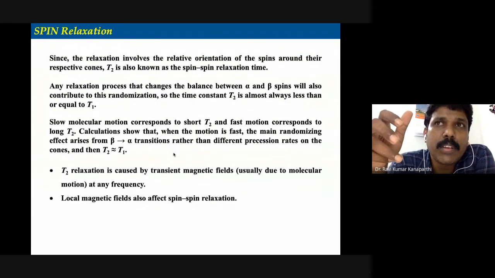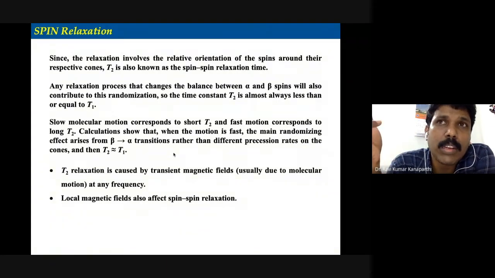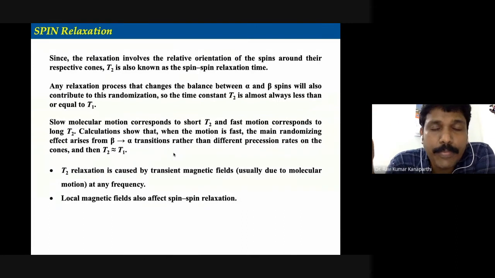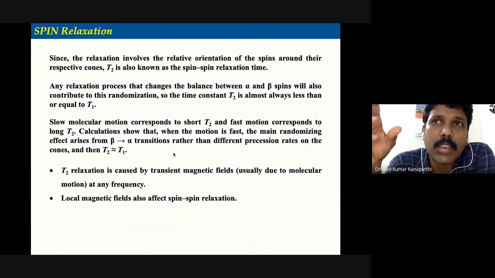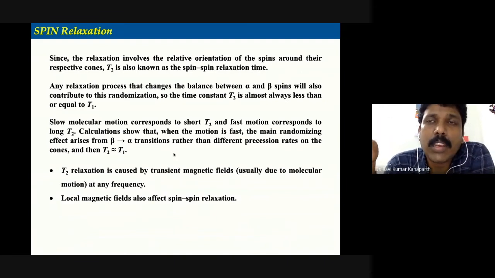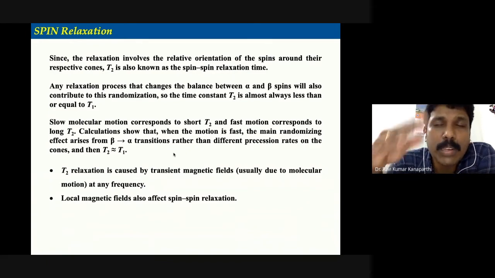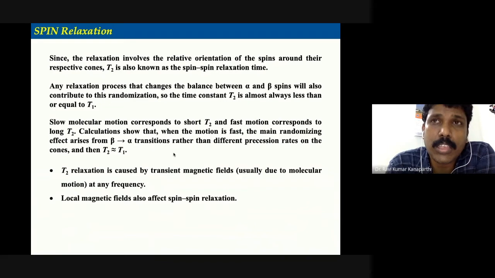There are two different ways in which relaxation takes place: spin lattice and spin-spin relaxation processes. The time taken for each relaxation process is referred to as that particular time constant. For spin lattice, the time constant is T1.